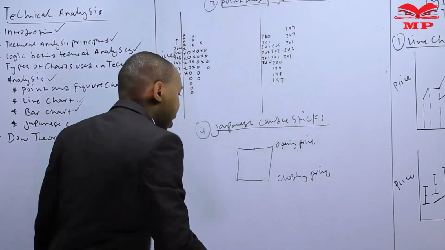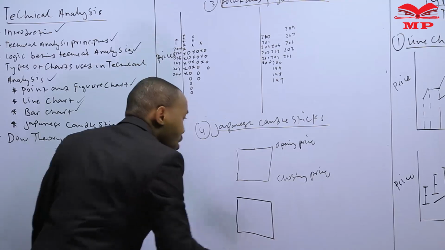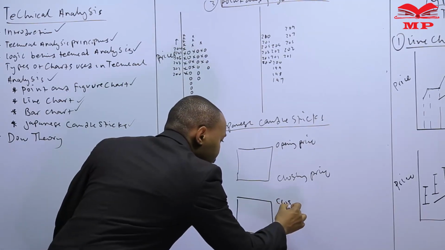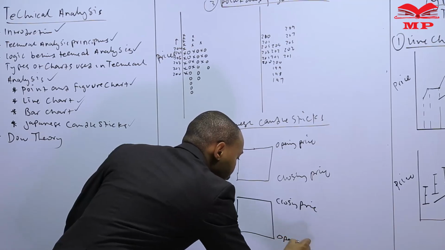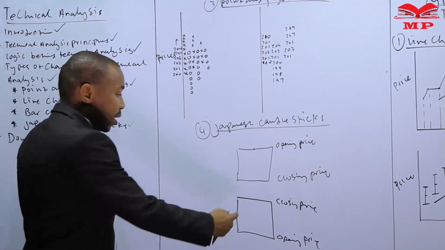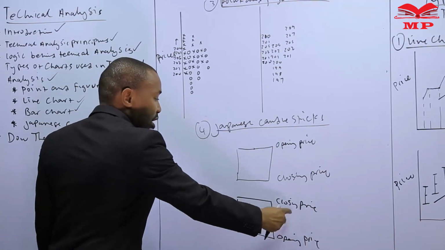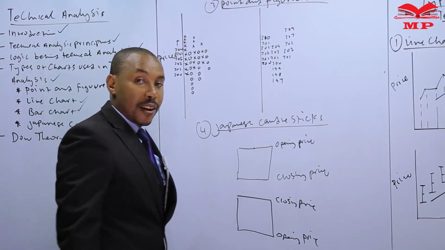We can have it like that, or we can have another Japanese candlestick like this, where we have the closing price and the opening price like that. So you can see this is the opposite of this one. Here you have the higher closing price, and here you have a lower opening price like that.